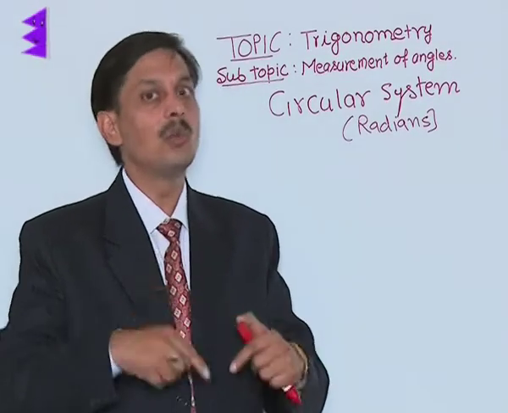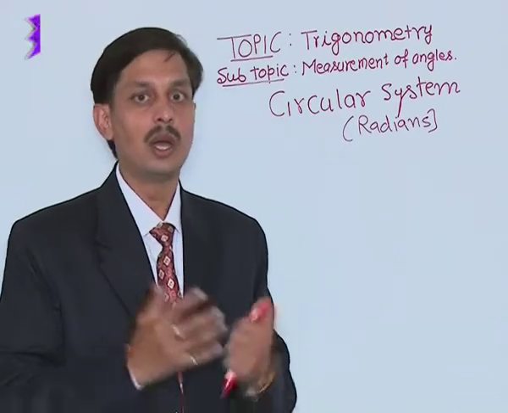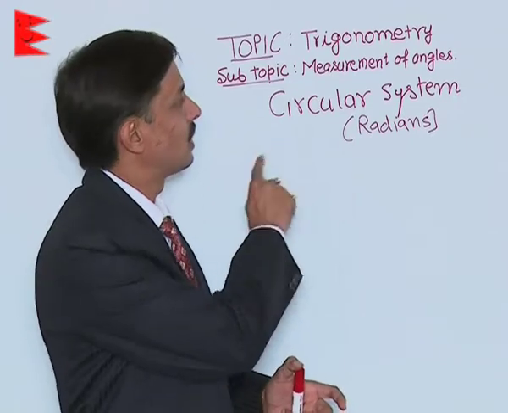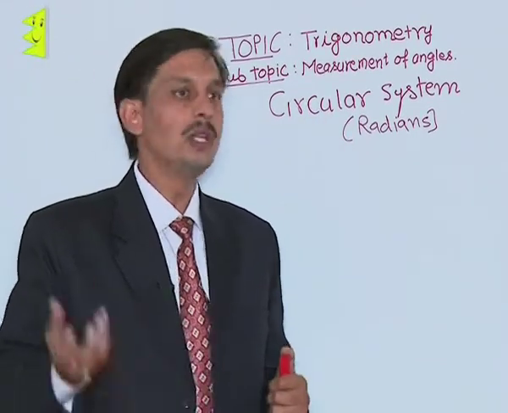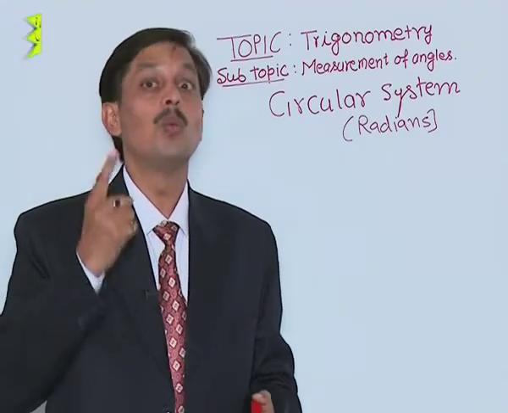That's why a relation was established that 90 degrees equals 100 grades. The third system of measurement is the circular system, where the name of the unit is radians. So the first question raised is, what is 1 radian?